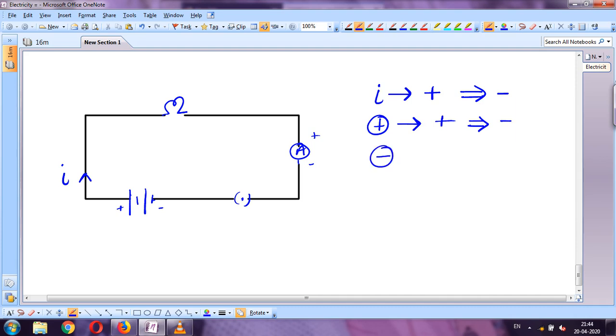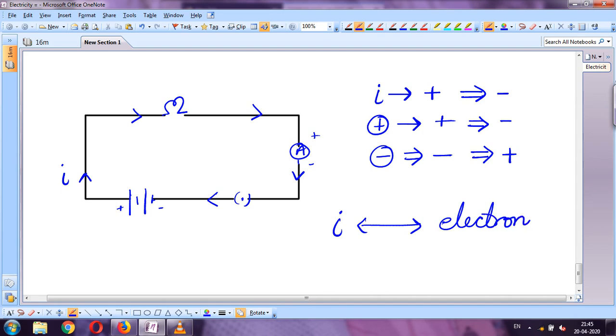What about negative charge? It is opposite. Negative charge flows from negative to positive terminal. Like here you can see electric current came out from the positive terminal, and towards the negative terminal it will go. Same will be with the positive charge, but for electrons, negative charge, it will be opposite. That means the direction of current and the direction of flow of electrons will be opposite to each other in a circuit.